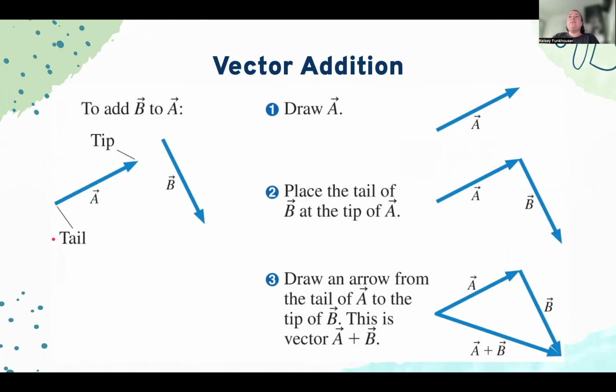If we are adding vector B to vector A, we start by drawing vector A. Then we put the tail of vector B at the tip of vector A and draw it out. And then we go from the tail of vector A to the tip of vector B, and that gives us the sum of the two vectors. You can see we made a triangle in doing that.